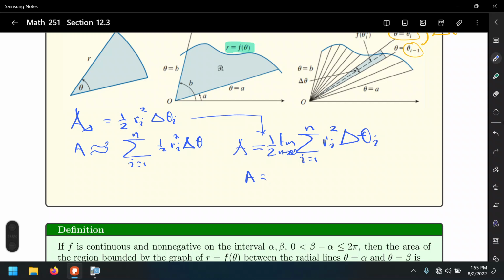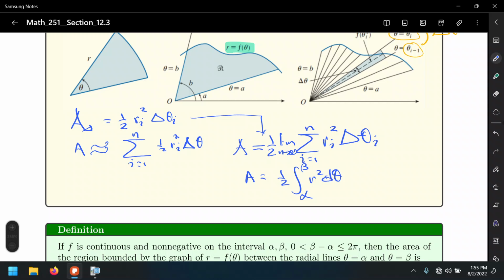And in terms of integrals, this will be 1/2 the integral from alpha to beta of r squared d theta. Recall that when we go from finite calculation to infinitesimal calculation, the delta becomes a lowercase d.